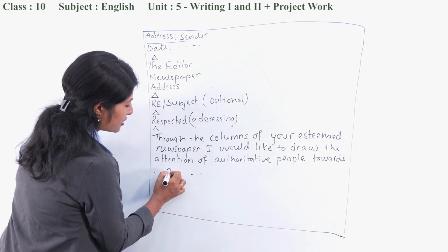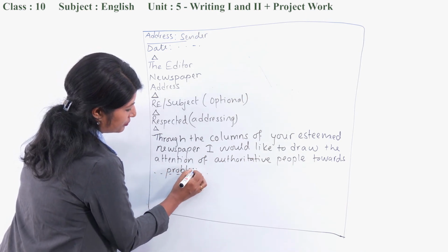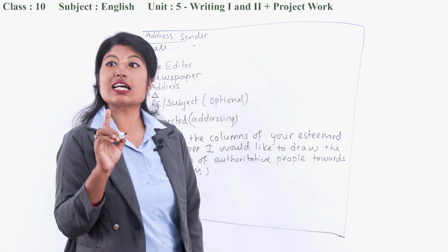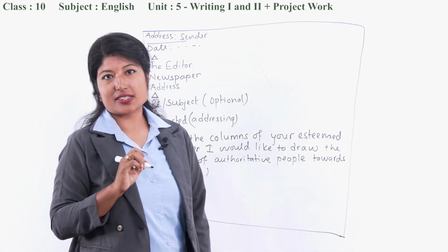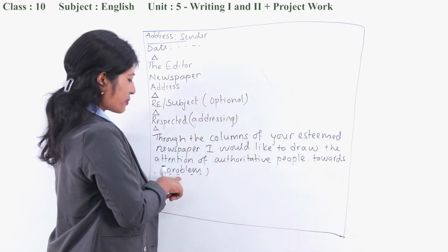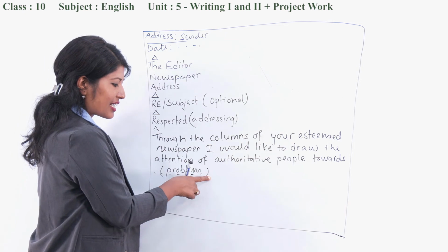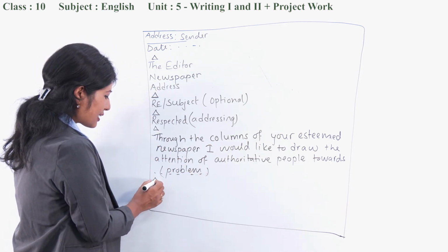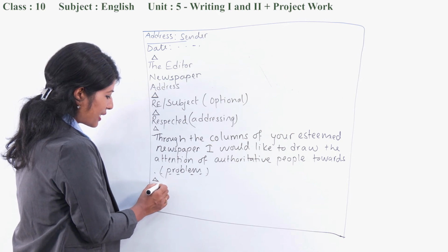Mention the problem. What problem is there? What does the question ask? Garbage management. Garbage management, right? So the garbage management problem is there. You have to mention the problem right over here in the first paragraph, and leave a line for another paragraph.